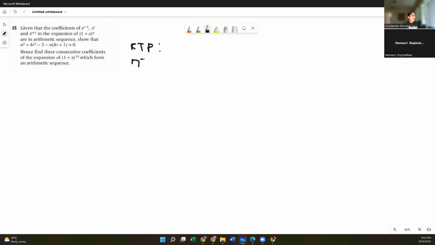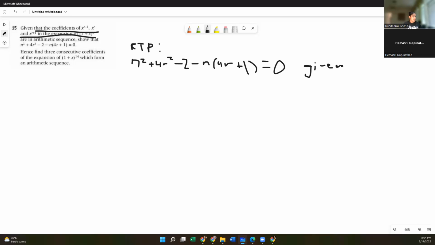We have to show that n squared plus 4r squared minus 2 minus n(4r plus 1) equals 0, given that, and then I'm just going to underline this, and then put an arrow over there.